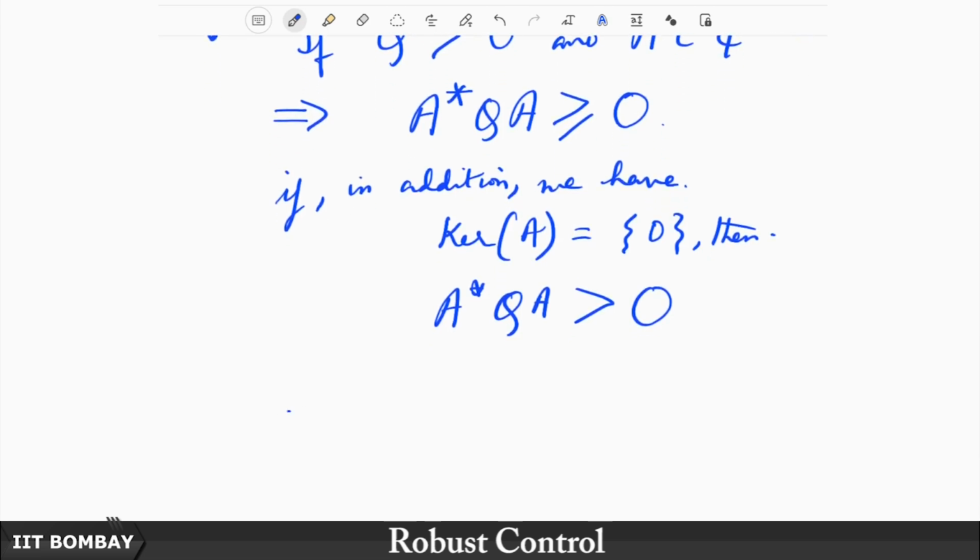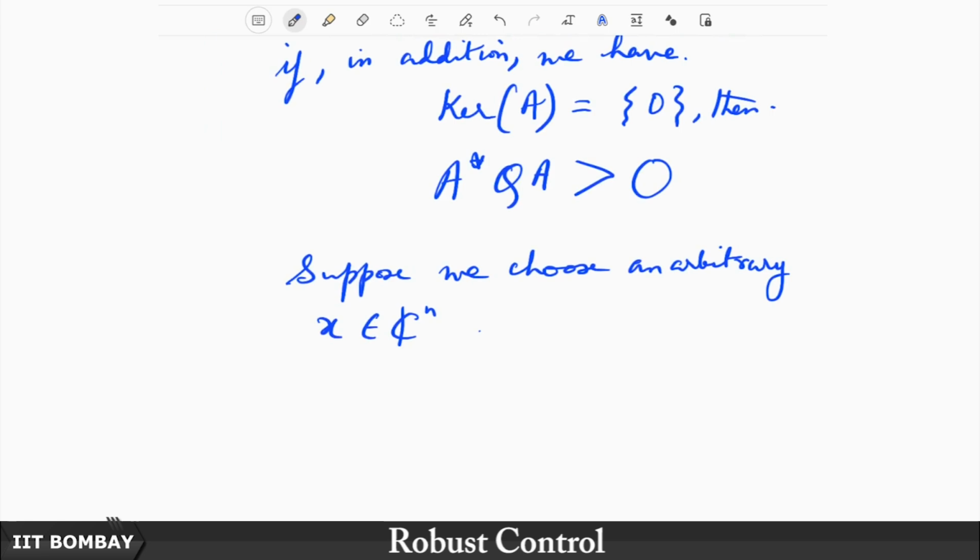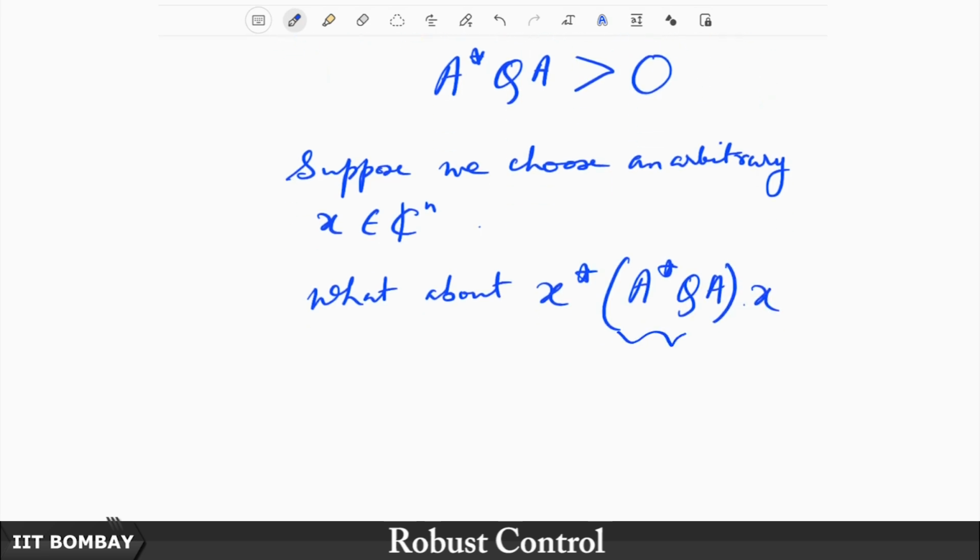So suppose we choose an arbitrary x in C to the n. Then the question is, what about x Hermitian A Hermitian Q A times x, because this is the matrix whose definiteness we are about to check.